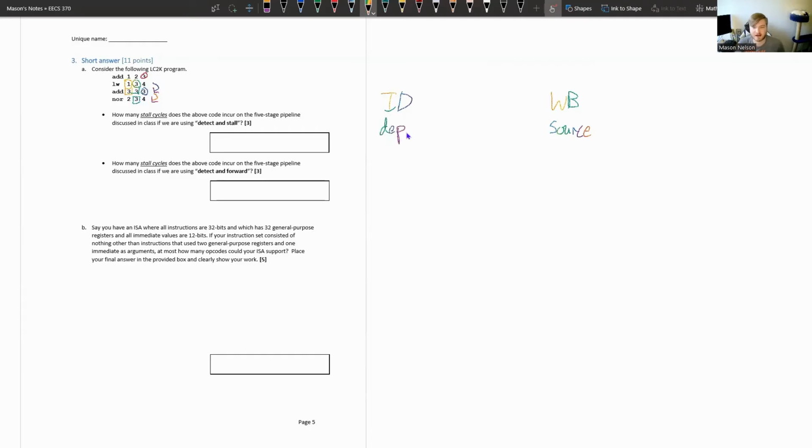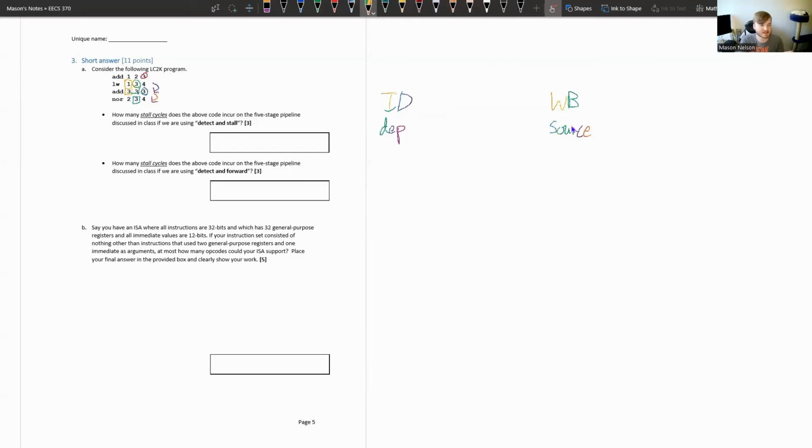That's because in the write back stage, we're writing to the register, and in the decode stage, we're reading the register. As long as you have internal forwarding, which we do assume in this class, those two things will happen at the same time. If we don't have internal forwarding, like on the project 3 pipeline, then we would have to wait until the source has left the write back stage in order to allow the dependent to be in the decode stage.